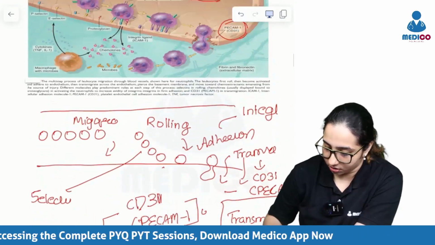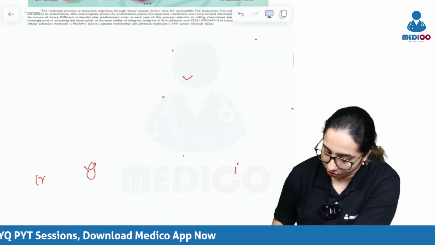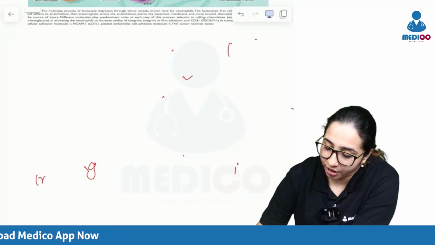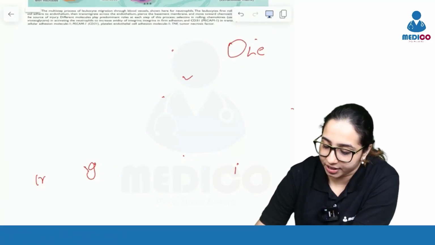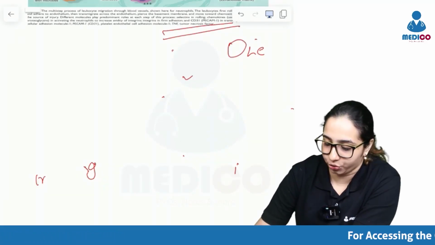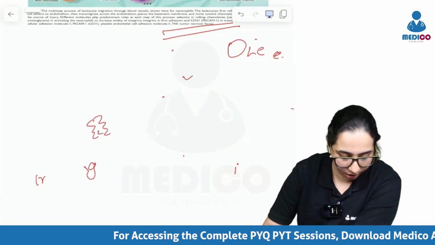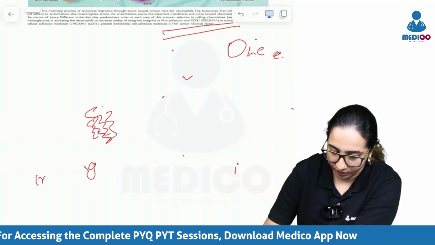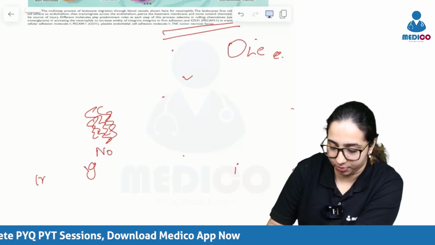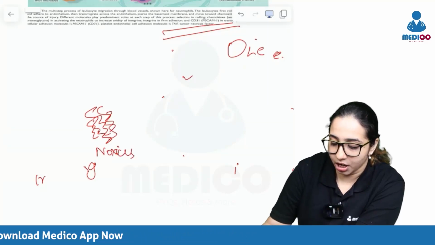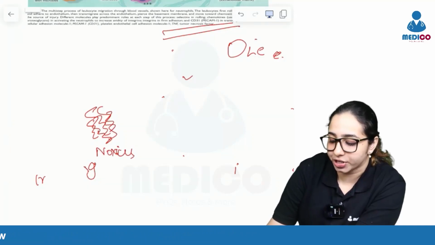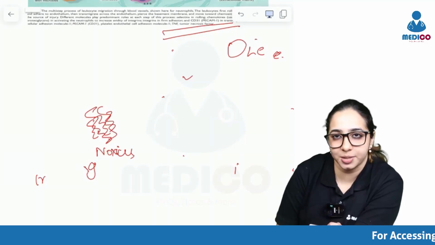Okay, so moving on, now you have the leukocyte outside of the endothelium. Now here is our noxious stimuli, whatever it may be. Now, how does the leukocyte know that this is the noxious stimuli?